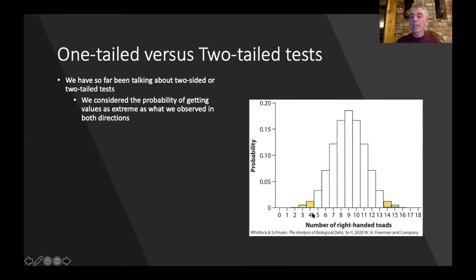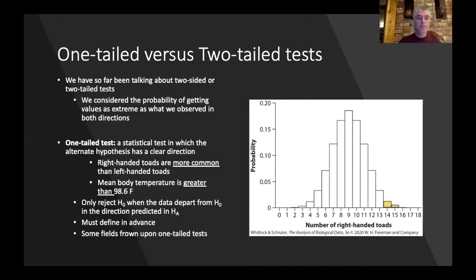That is, we needed to consider probabilities at both ends of this sampling distribution. And this is what's referred to as a two-tailed statistical test.